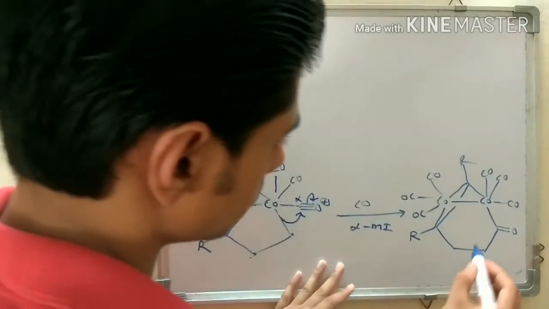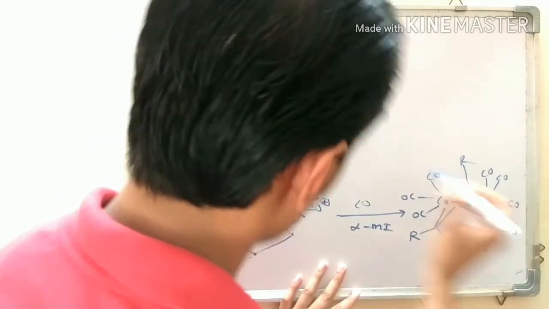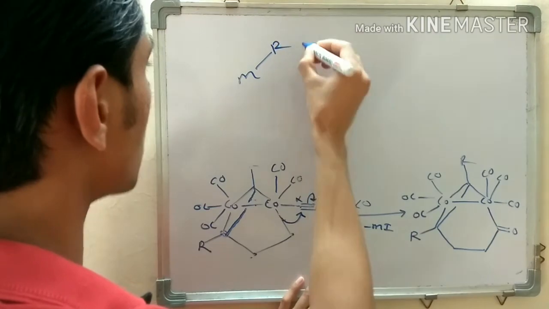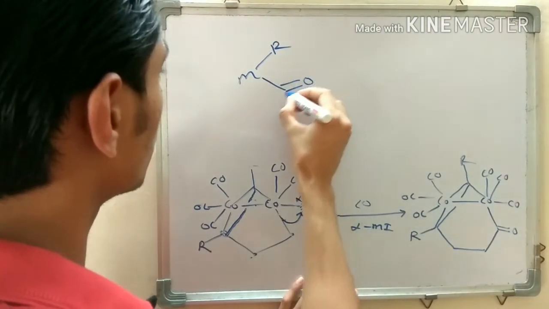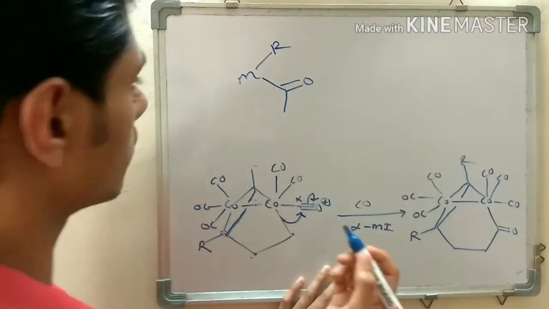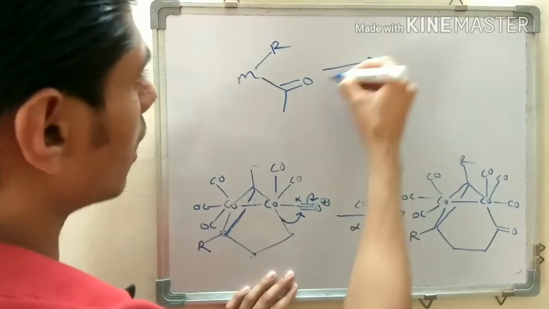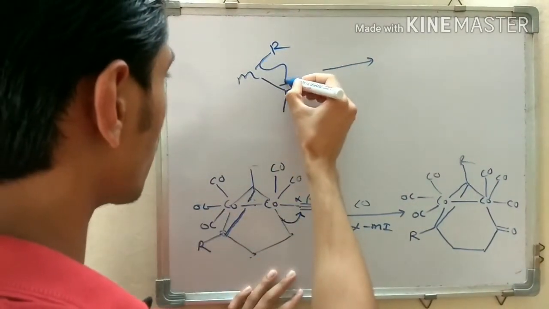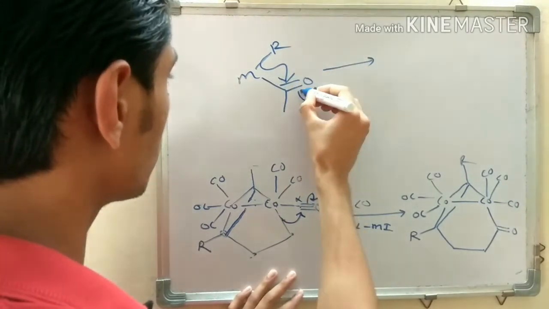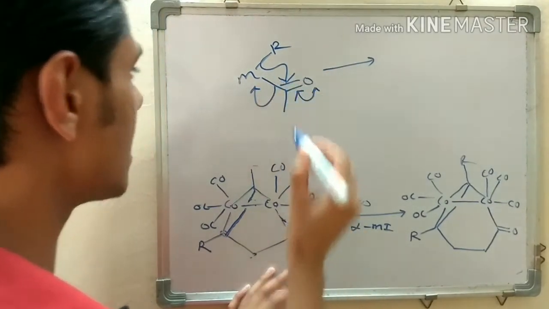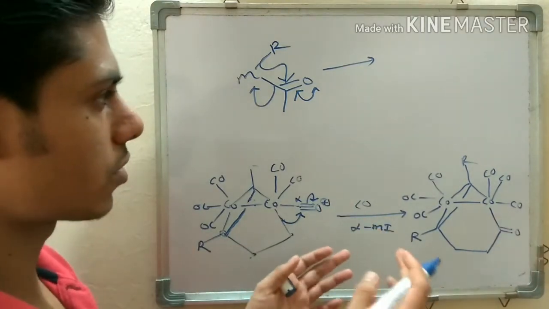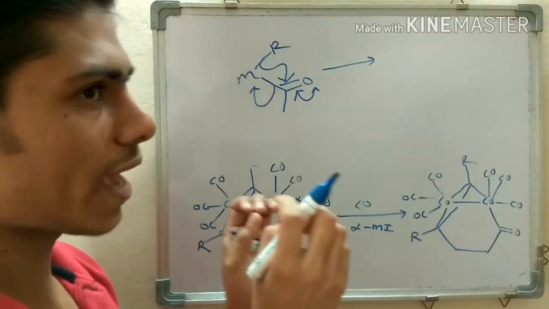Now you can see, whenever you have a situation where you have a metal and two bonds like this, R, and here you have a carbonyl, anything like this, these can undergo a reaction called reductive elimination. That is, this group comes here. You can think of a mechanism like this. It is the same as what happens for an ester hydrolysis or that type of reaction, but it is different. But you can draw an analogy with that.